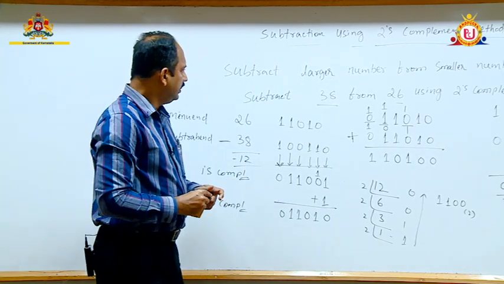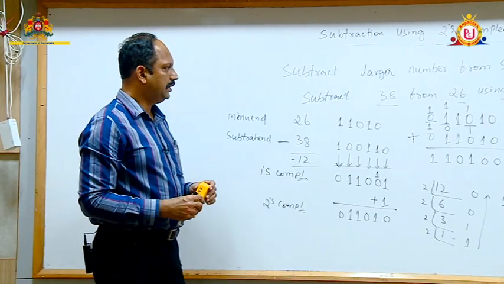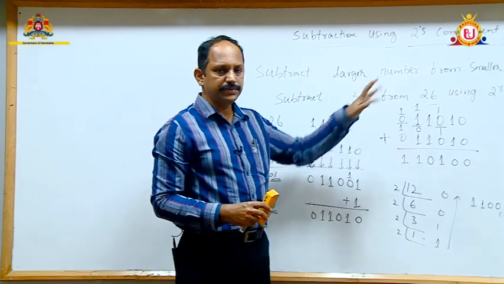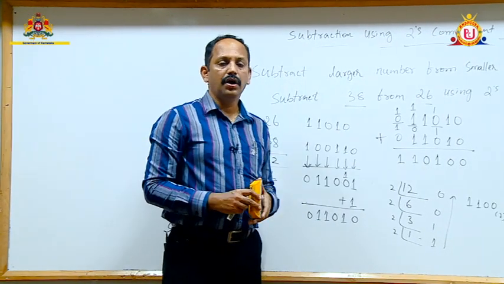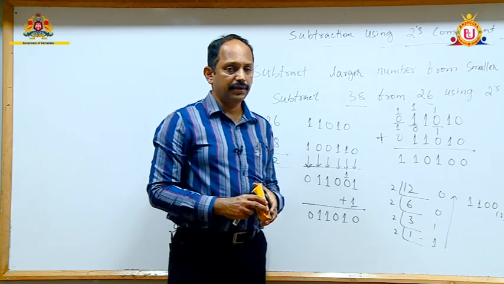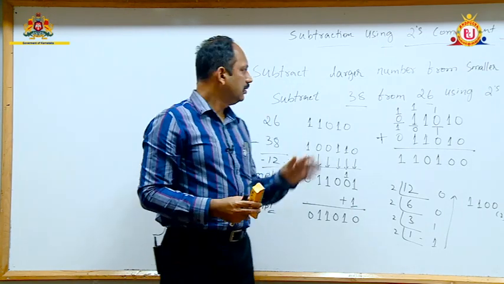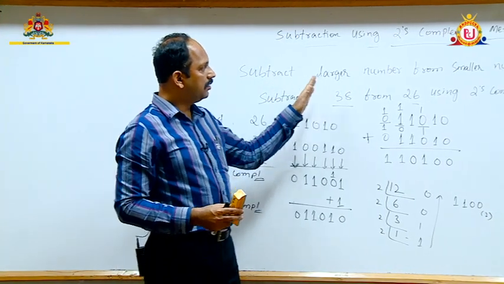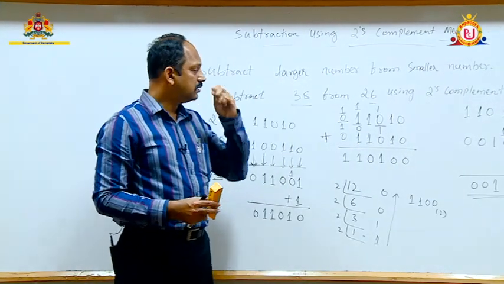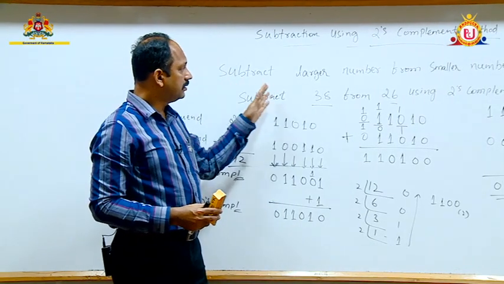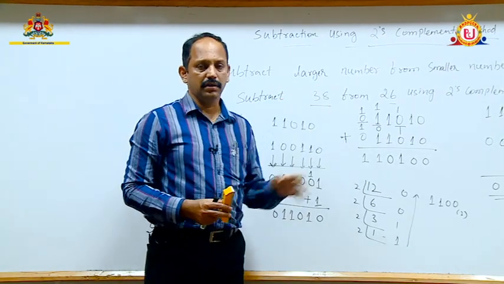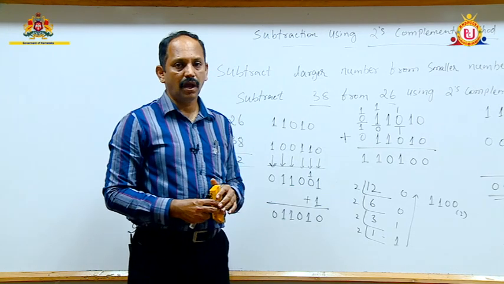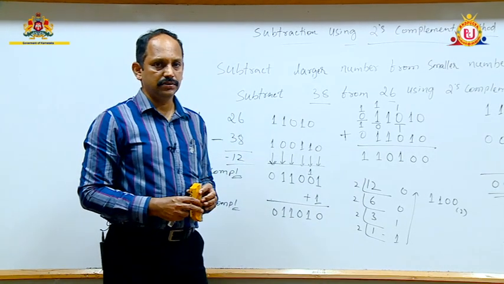So this is how we subtract a larger number from smaller number, and you have to remember the difference between subtraction of smaller number from larger number and subtraction of larger number from smaller number. I hope you have clearly understood.